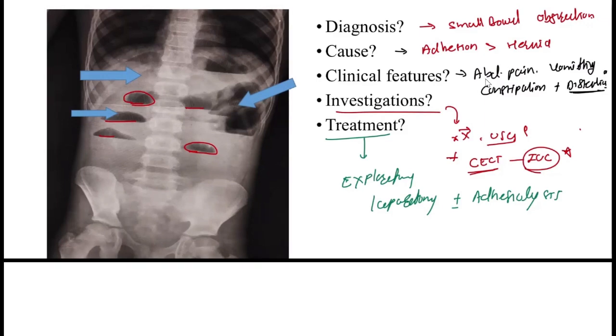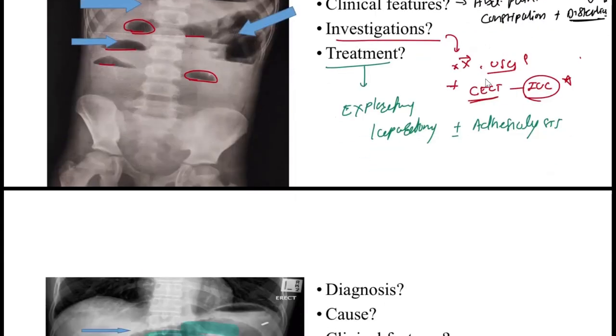In that case, we should open the sac and see the condition of the bowel. If the bowel is healthy, it is kept as it is. If the bowel is unhealthy, showing signs of gangrenous changes, then it should be resected and reanastomosis of the healthy bowel is done.